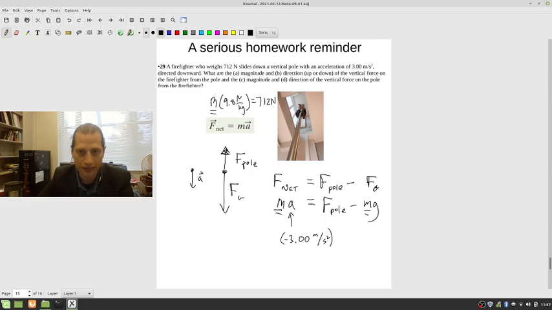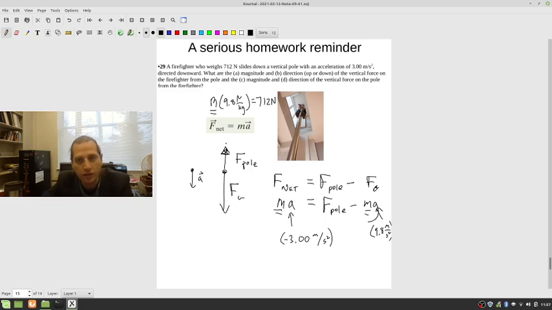You know what a is, you know what g is. You're going to use 9.8 meters per second squared. I already have a minus sign in there, so don't double use your minus sign. You just get to use it once. And then you get to find out what the F of the pole is. So it should be some value that is smaller than 712, but directed upwards.